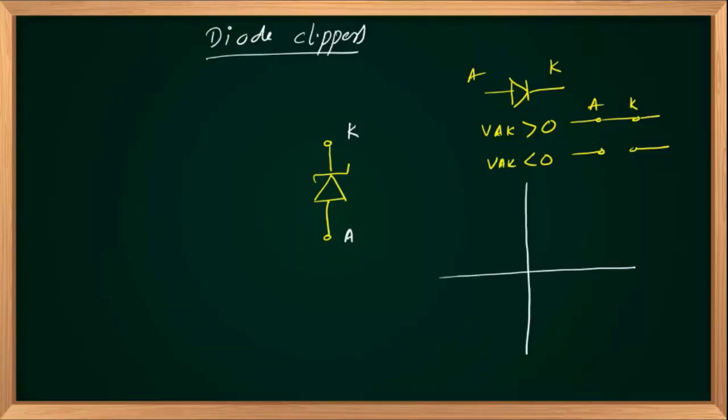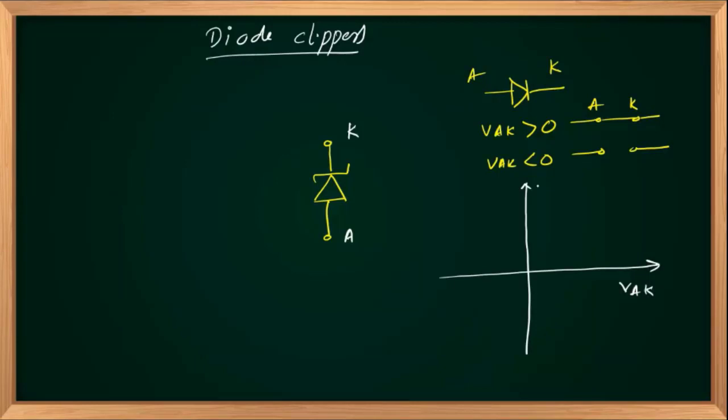If the diode is forward biased, or VAK, anode to cathode voltage, is positive, similar to our ordinary diode, it acts as a short circuit between its terminals, that is between anode and cathode.